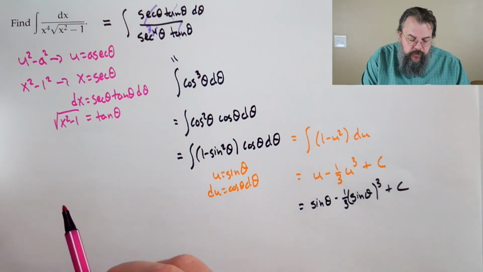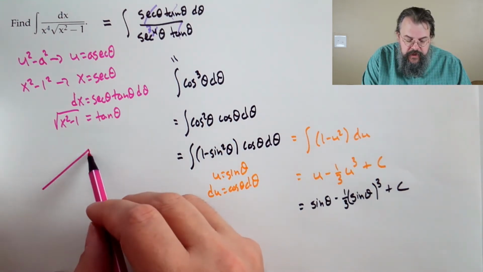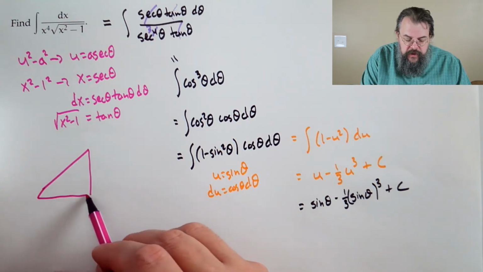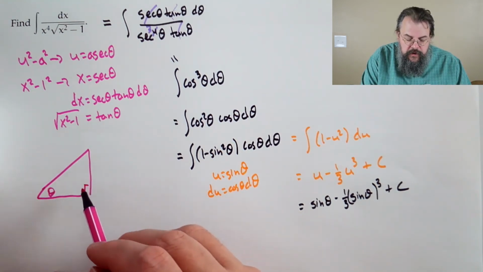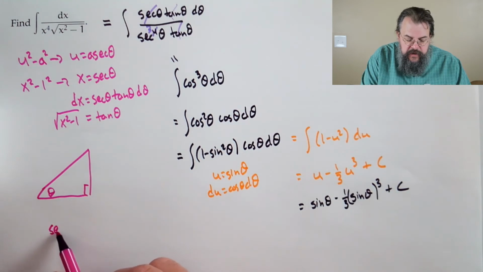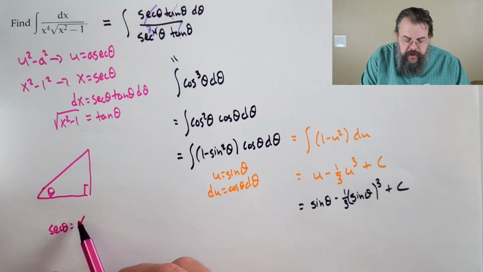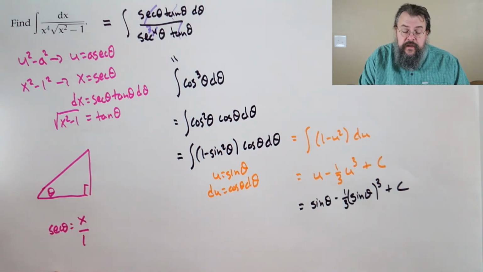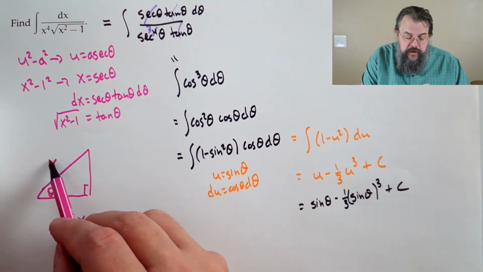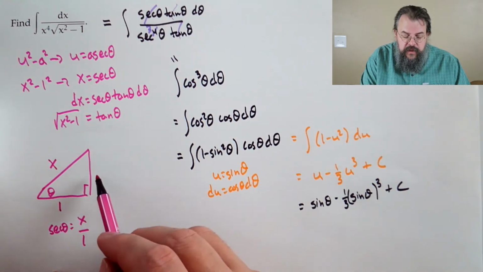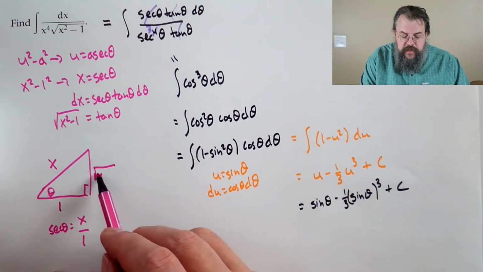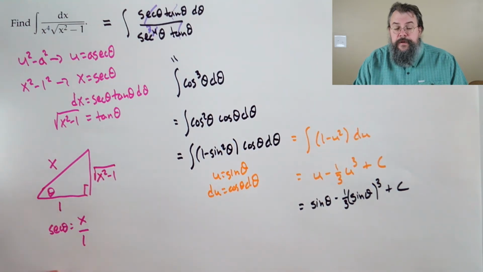We need to take a look at our triangle. In our triangle, we know that secant of theta is x, which we think of as x over 1. Secant is also hypotenuse over adjacent, which means the opposite side is the square root of x squared minus 1.